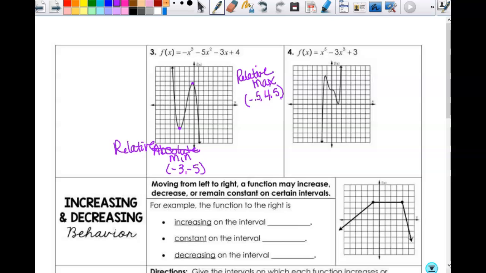So how many critical points do we have? 3. I have this one, and this one.